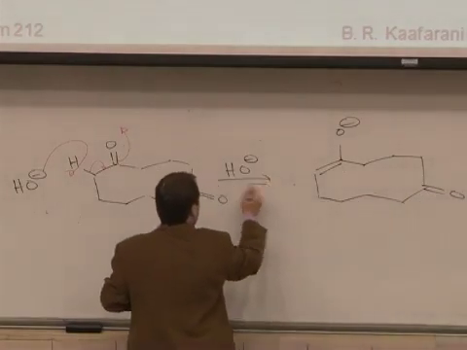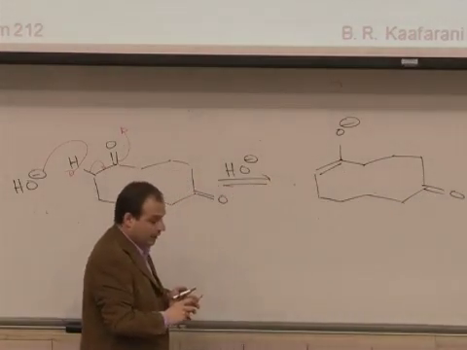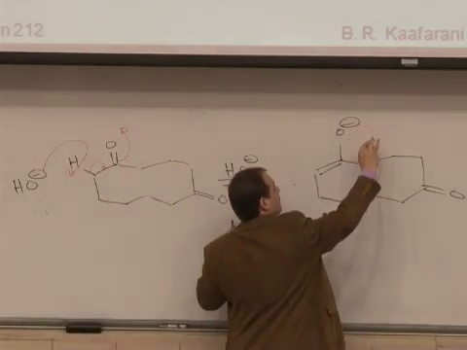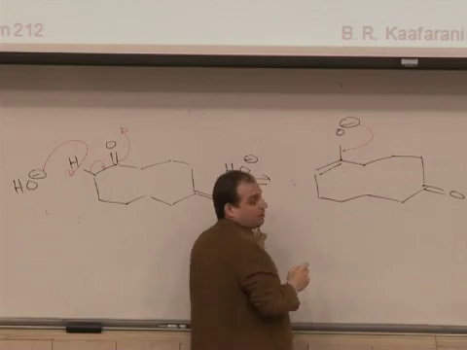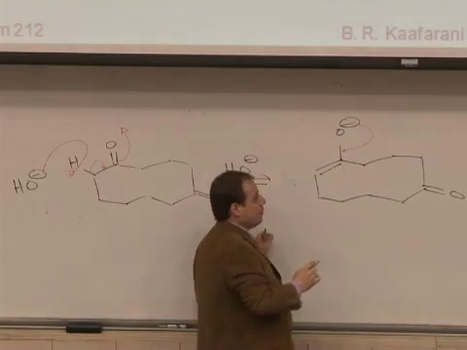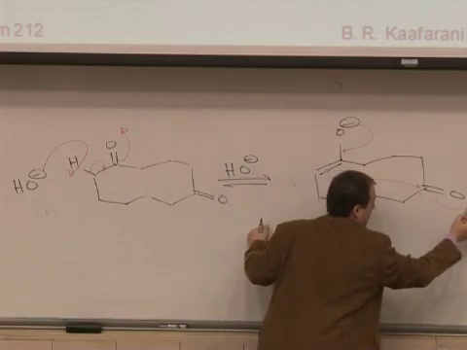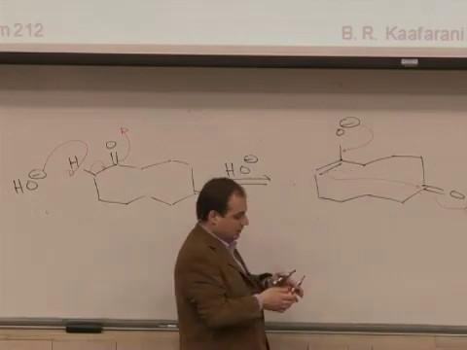So we're still talking about equilibrium for now. And then, in the next step, I am having the double bond formation. This is attacking. And I am getting O minus.